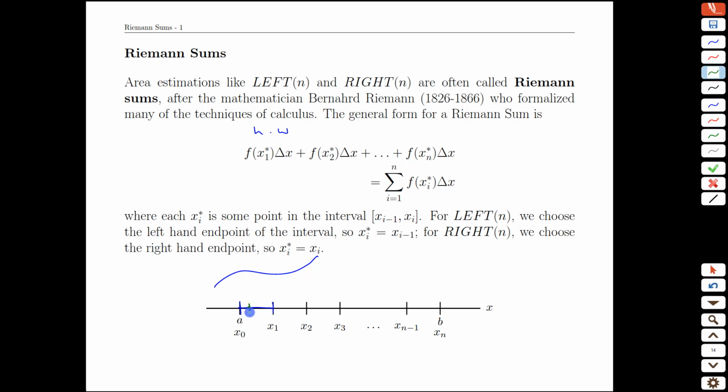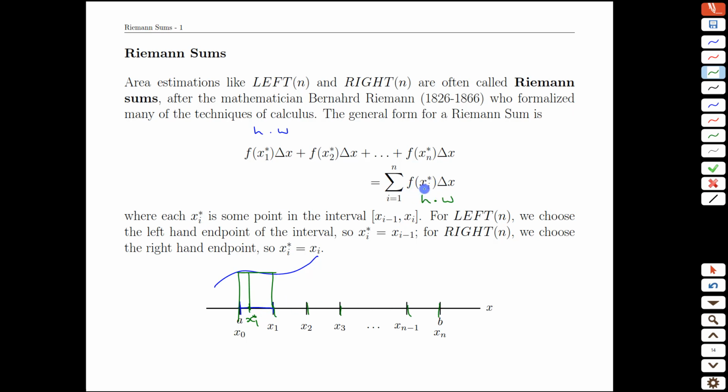We could pick any point in the middle, and that's what this little star notation here is typically used to represent. The star just means some point on that interval, and using that to build the rectangle. Whatever we use to build the height, it's always still going to be a height times a width added up over all the intervals that we need to cover the span from A to B.